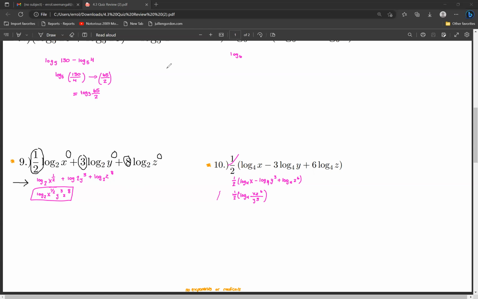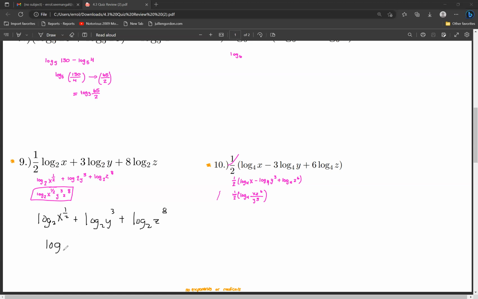So log_2 x to the half plus log_2 y to the third plus log_2 z to the eighth.